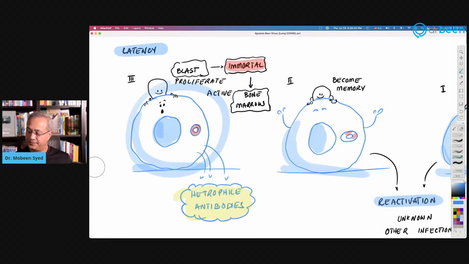This B cell that got infected. Now remember, we have done this discussion in the past as well, that B cells make receptors to bind with antigen. Correct? And every B cell makes a receptor to bind with a specific pattern or epitope. Here, when the B cell is infected, the virus causes proliferation, and the enzymes of the virus cause this B cell to become a blast cell, an active cell.